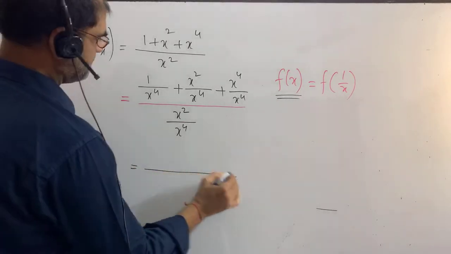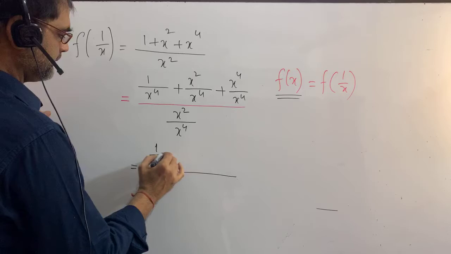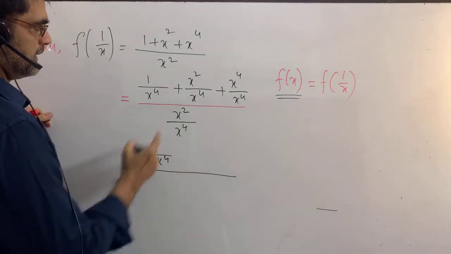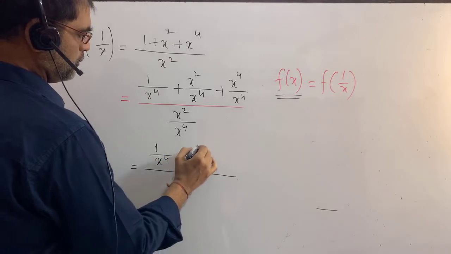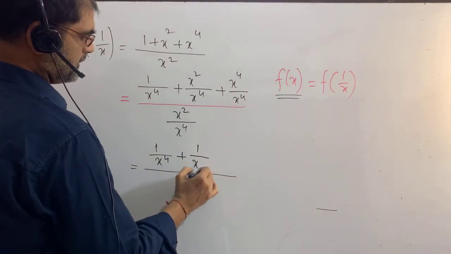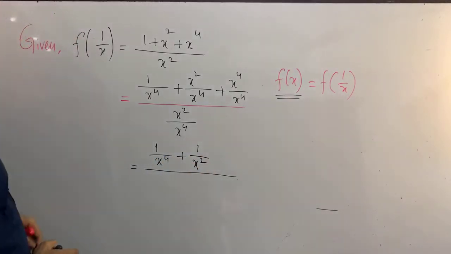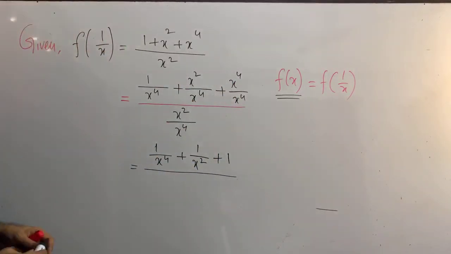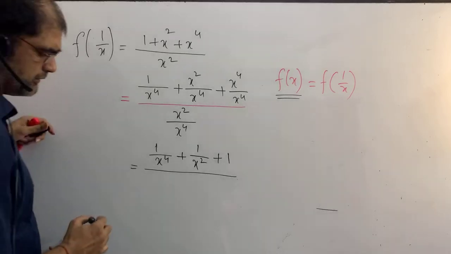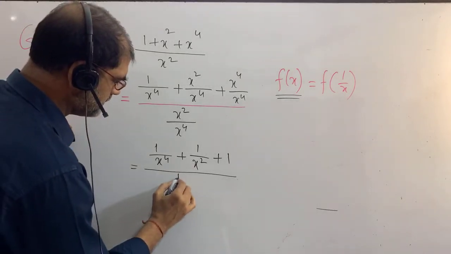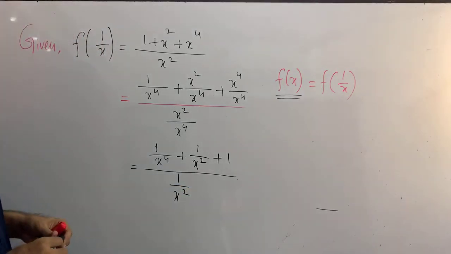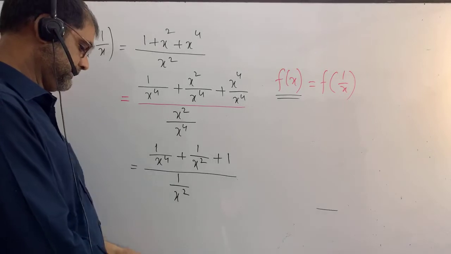Now you see, it is 1 by x to the power 4. Here it is 1 by x square, and here it is only 1. And in the denominator we are left with 1 by x square.